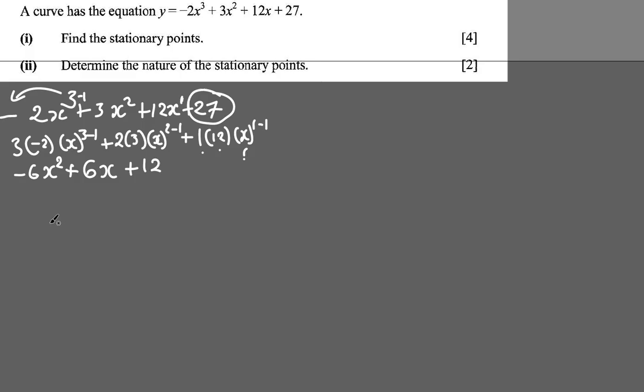So we divide through by 6, and when we cancel there, we'll have negative x to the power 2 plus x plus 2. Okay, so that will be our dy/dx. So we have differentiated this one.